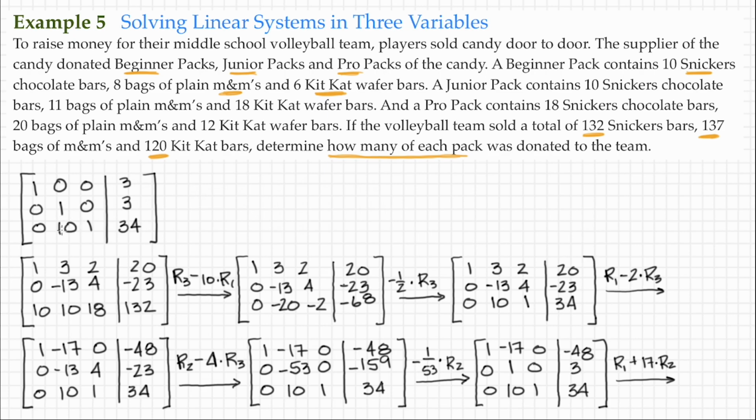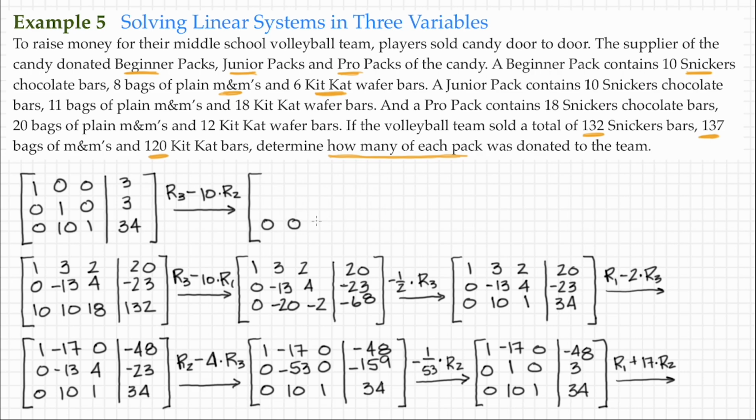Our last element is right here, so we'll do row 3 minus 10 times row 2. This is 0. 1 times 10 is 10. 10 minus 10 is 0. That's the whole idea.